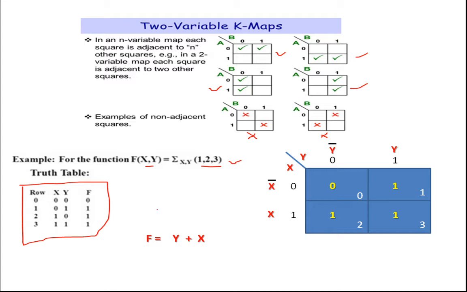When we group it, we have to see that both the cells should contain 1 and they should be adjacent to each other. So here we have the first grouping where cell number 1 and cell number 3 are having 1 and they are adjacent to each other. For this one we have a value of x bar, and for this one we have a value of x.